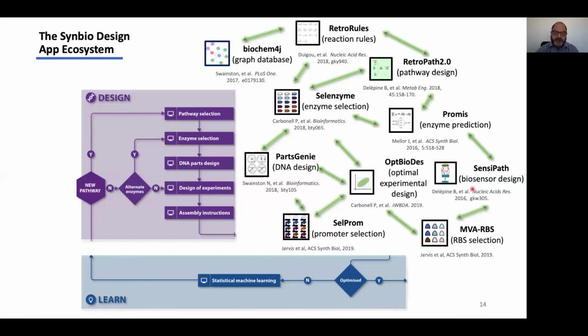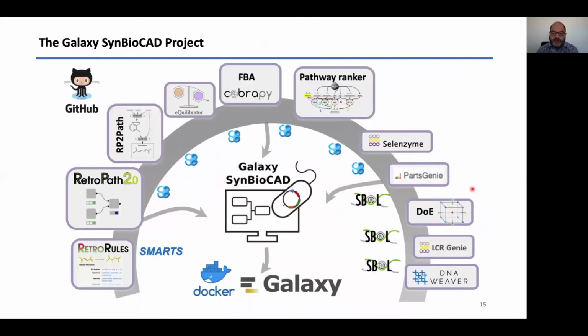And for instance, I would like to show you one of the initiatives or projects where I'm also involved, which is the Galaxies in Biocat project. The main purpose here is to integrate all of these small pieces of software by using Galaxy. Probably you know Galaxy is widely used by the bioinformatics community.